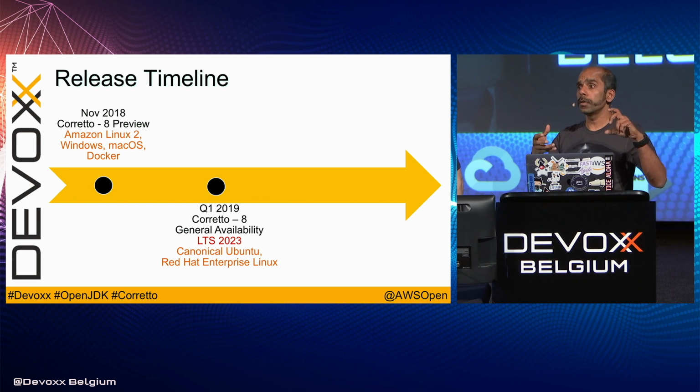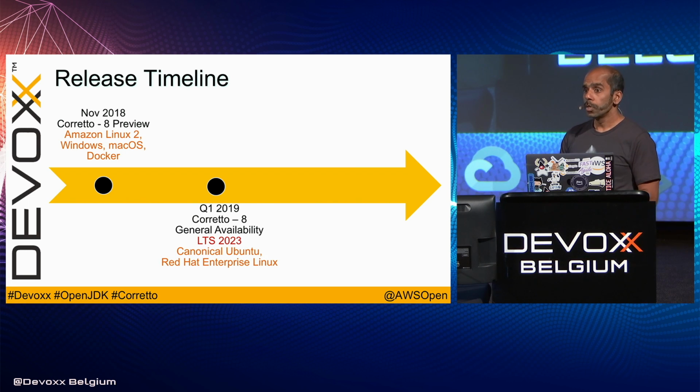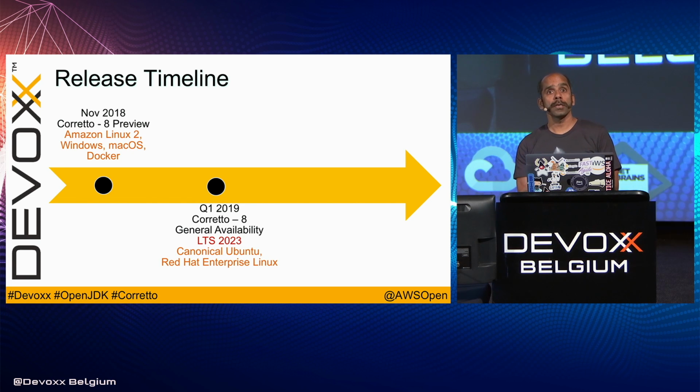For Corretto 8, we expect to have long-term support until 2023. And as part of GA, we will also provide builds for Canonical Ubuntu and Red Hat Enterprise Linux. So essentially, all the major platforms that our customers care about, or that would matter to you, are supported over there. And we're always listening to customers. So if there are more platforms that you would like us to provide support on, do let us know.